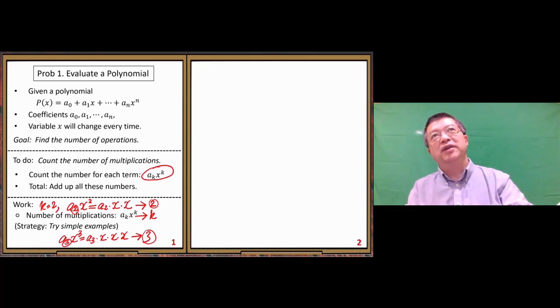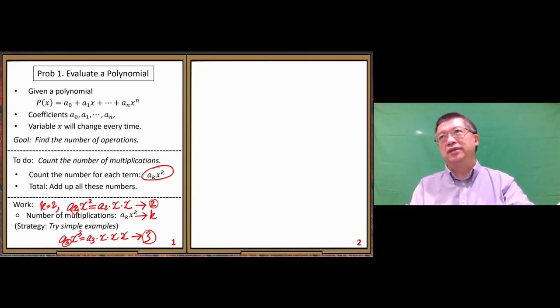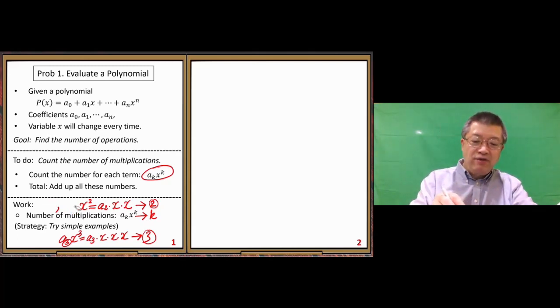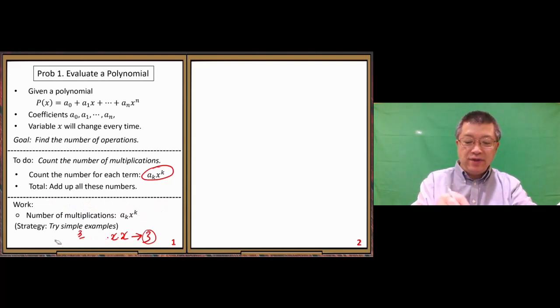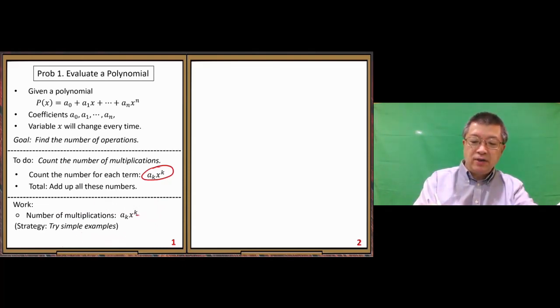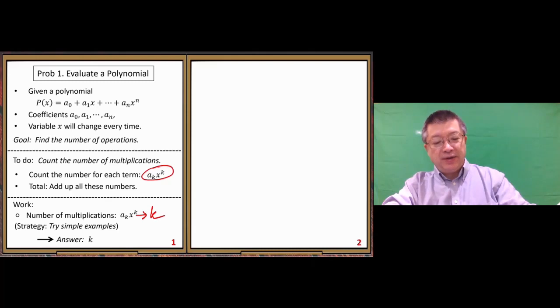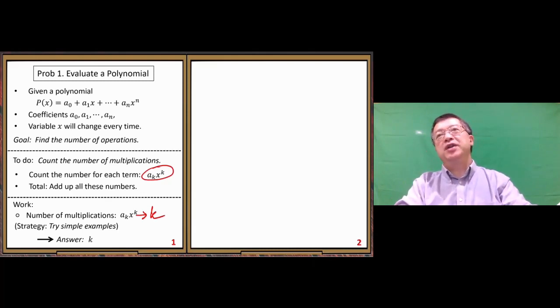So you can even prove it if you like to prove. Anyway, you find the answer. From this example, the answer is k. Now we can go to the next step with this answer k.